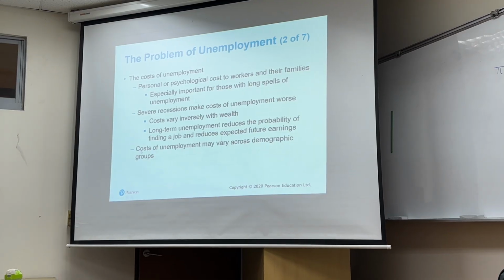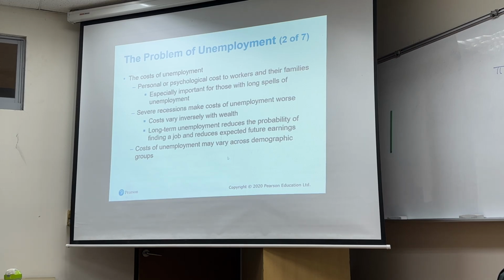And the cost of unemployment may vary across demographic groups. Demographic groups, what does that mean? That means different ages. For unemployment, young people suffer most, because they are the most energetic, and they should be learning new techniques, new skills.